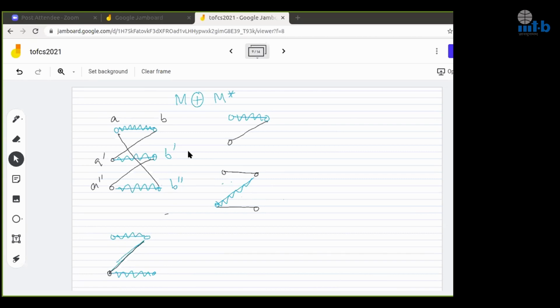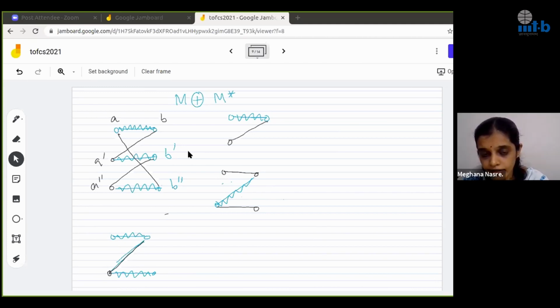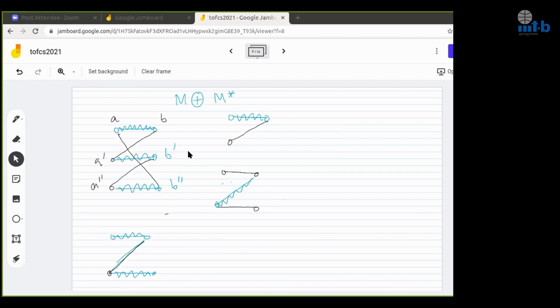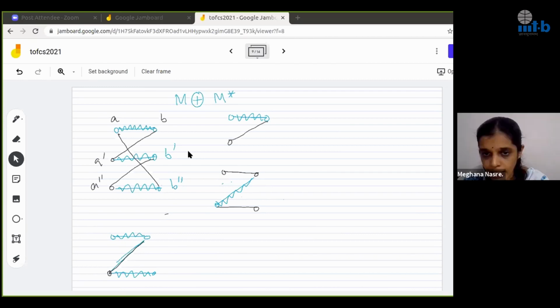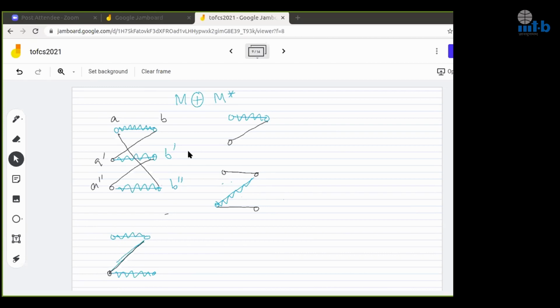So if in M star we take these blue edges instead of black, then we will get cardinality 1 greater than the maximum size. Correct. So what is wrong with that? We'll get a matching of size larger than the maximum.